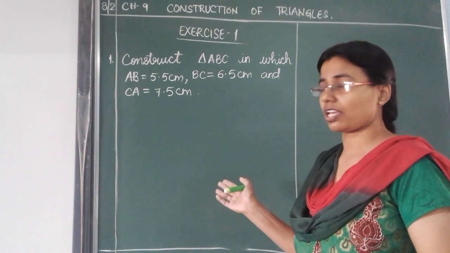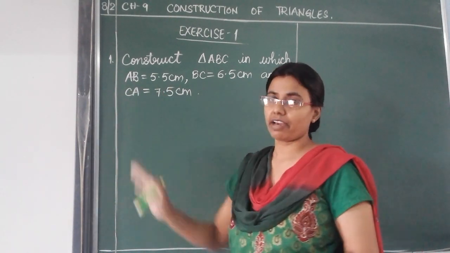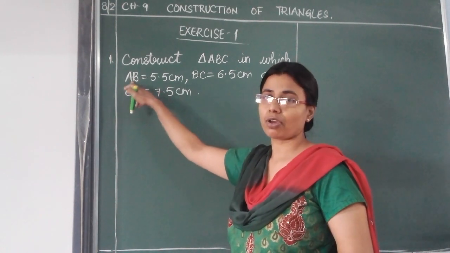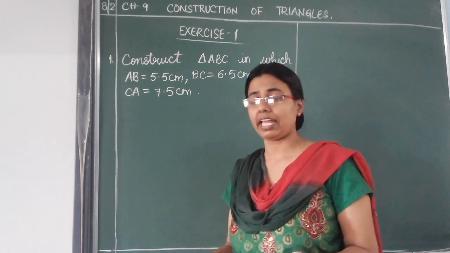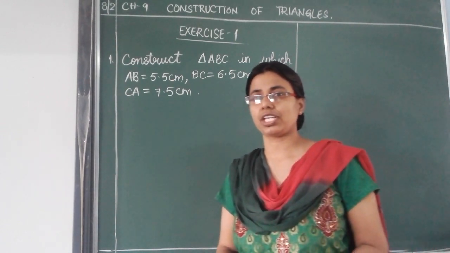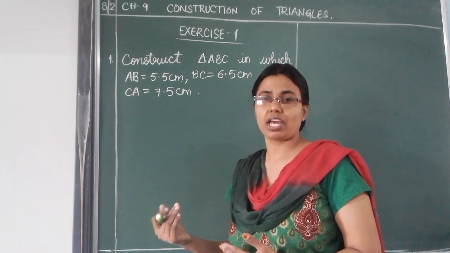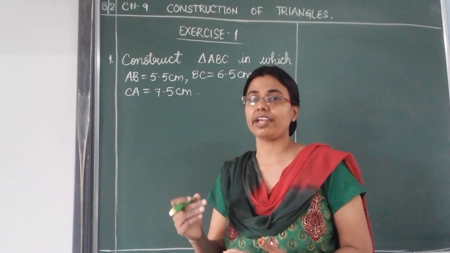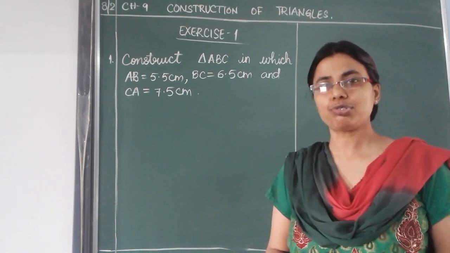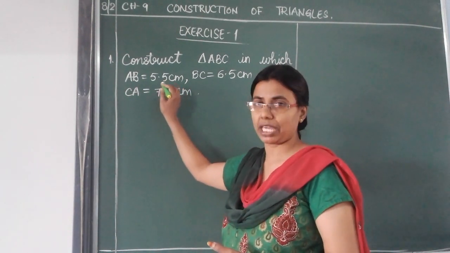The first thing is AB, BC and CA are given. You can take the base AB or BC or CA. Anything you can take. There is no problem. For any question, whatever measurements they are giving, you can take any side as the base. For this problem, I am going to take AB as the base.